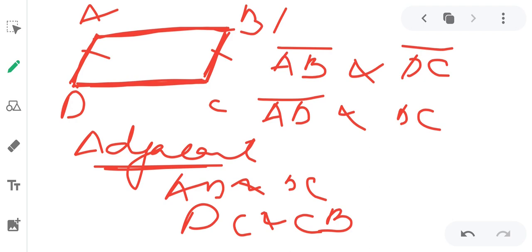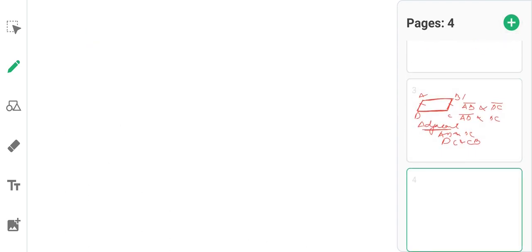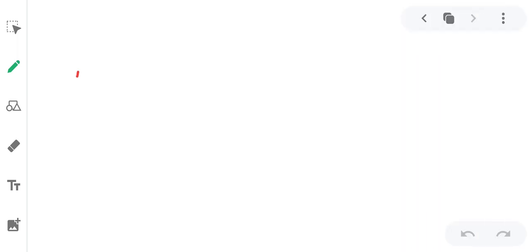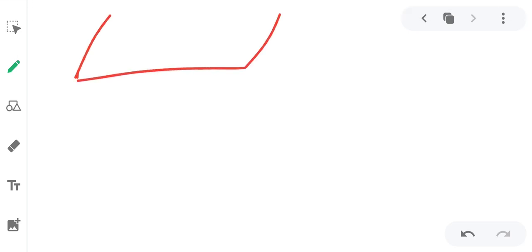Then there is the third element of this parallelogram. See, for example, again this is a parallelogram. See this angle and this angle, these are two opposite angles.